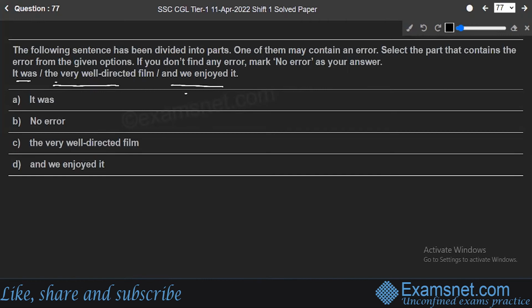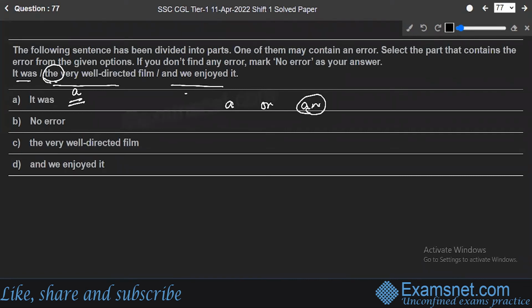So it should be, it was a very well directed film and we enjoyed it. So this the should be replaced by a. A very well directed film should be used instead of the very well directed film. The rule of usage of a or an is that if the word is following a vowel sound, then we use an, right?